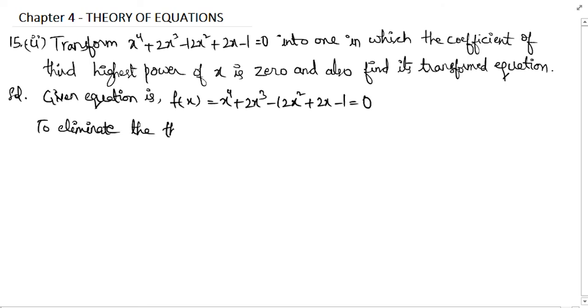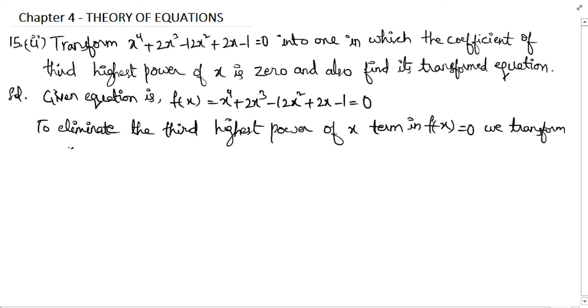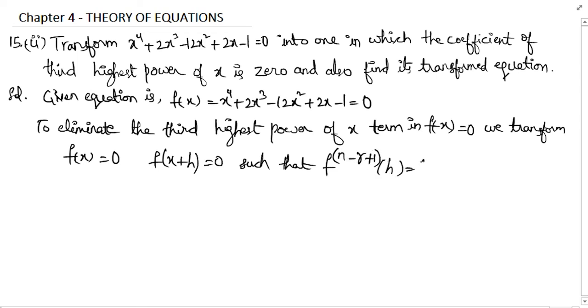So to eliminate the third highest power of x term in f of x is equal to 0, we transform f of x is equal to 0 into f of x plus h is equal to 0, such that f of n minus r plus 1 of h is equal to 0.